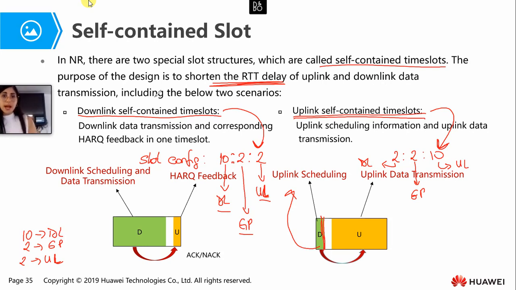So these are technologies that we can use to reduce the latency on the air interface. But to reduce the latency in our network, it is not enough to reduce the latency only on the air interface.